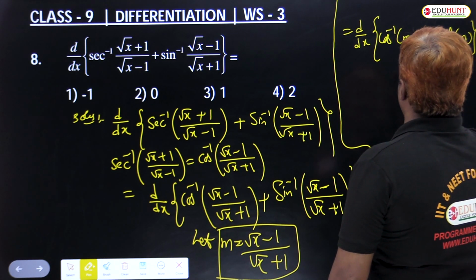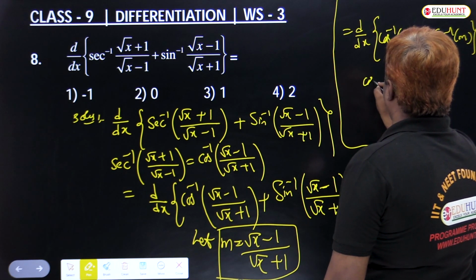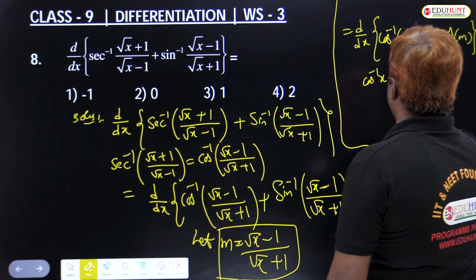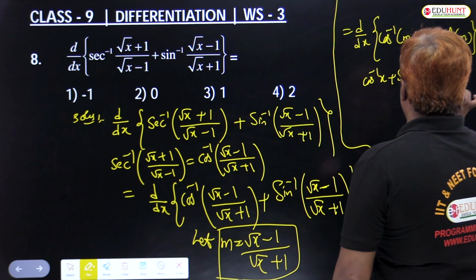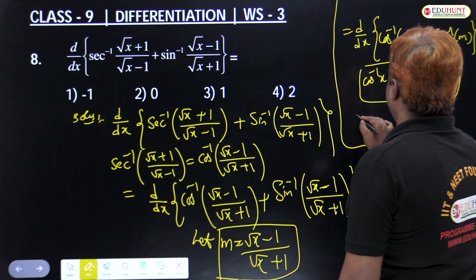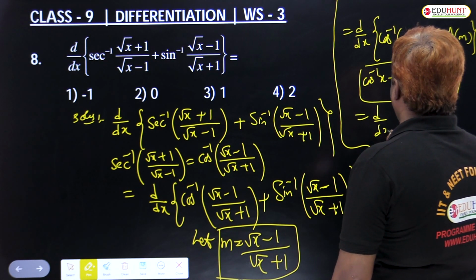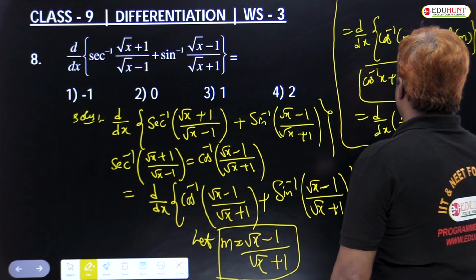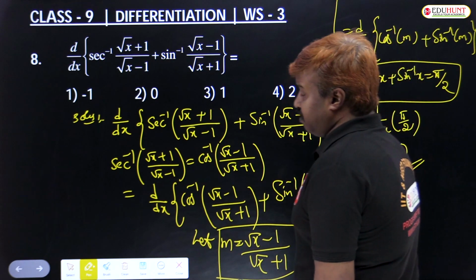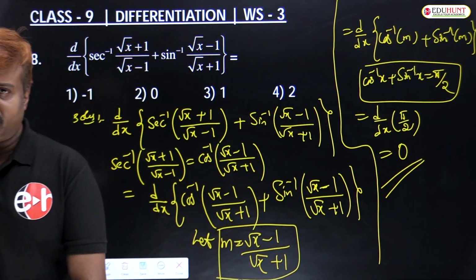Cos inverse x plus sin inverse x, the value is pi by 2, that is 90 degrees. Now the value is d by dx of 90. Derivative of 90 means 0. Okay, note down.